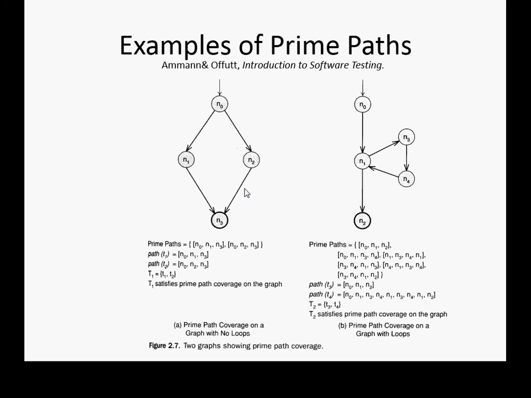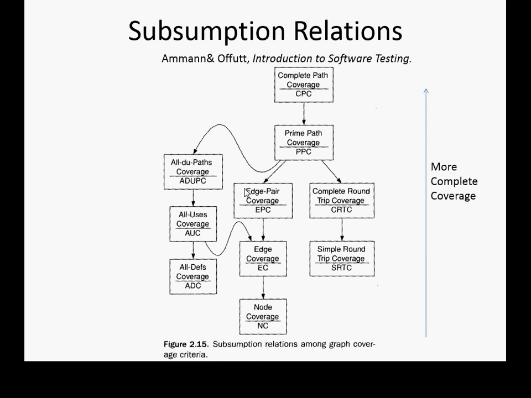Now, it turns out that these different levels of coverage have different levels of strength associated with them, and there's a subsumption relationship between them. If you achieve edge coverage for a program, where there are edges from or to all nodes except the entry node, you've achieved node coverage.